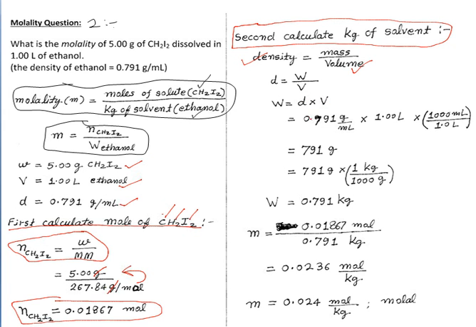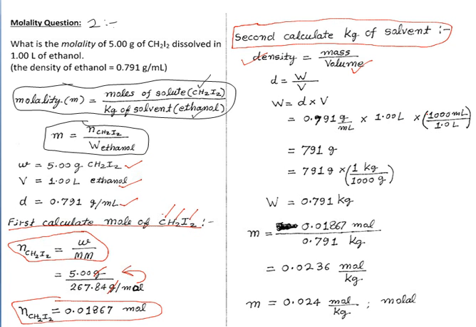So density we have to place this value 0.791 gram per ml, and then multiply by volume, which is 1 liter. Since volume is in liter and density is in gram per ml, we have to match the units first. So we have to convert this liter into ml.